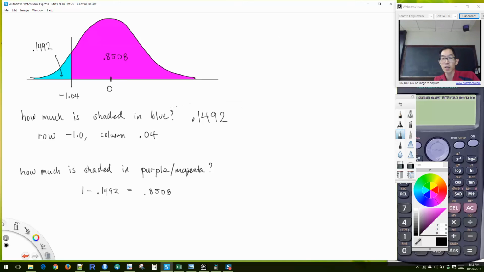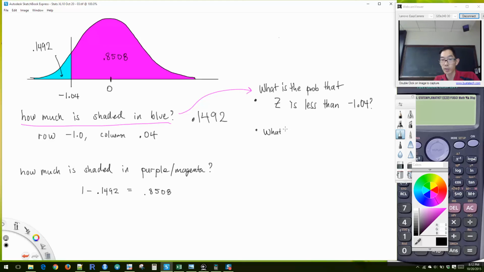So this question, how much is shaded in blue, can be rewritten as, what is the probability that Z is less than negative 1.04, okay? I'm going to write a few versions that these are all equivalent to.